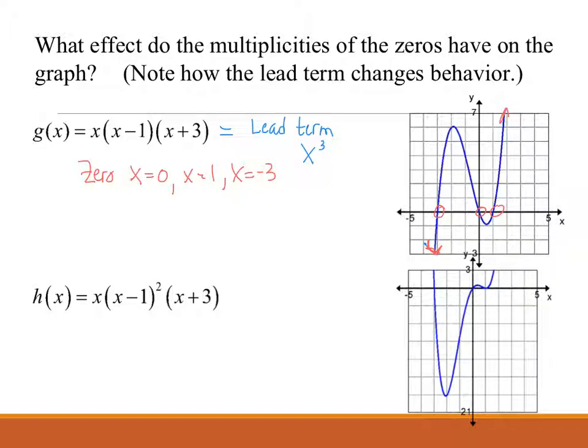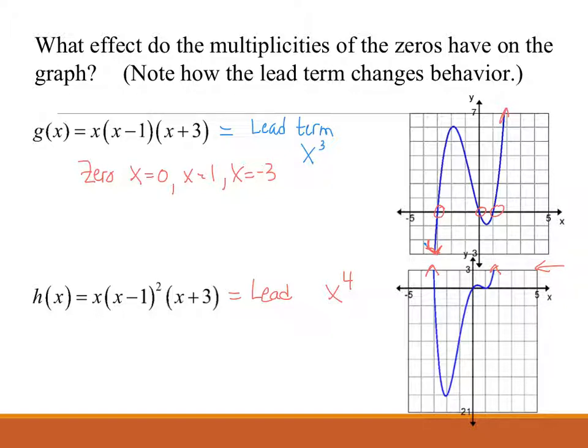Now let's take a look at the second one. h of x is equal to x times (x minus 1) squared times (x plus 3). So again, we notice that the lead term is x times x squared times x, which is x to the 4th, and it's even, so the end behavior is going to go up.